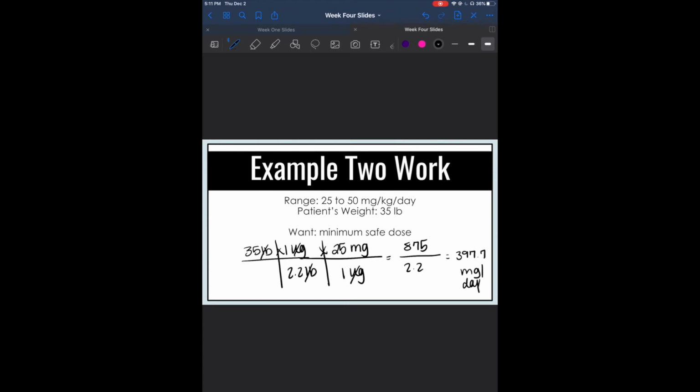So our minimum safe dose is going to be 397.7 milligrams a day.